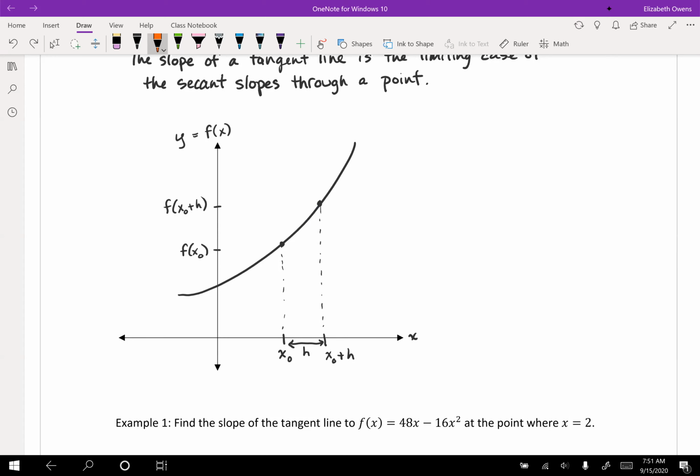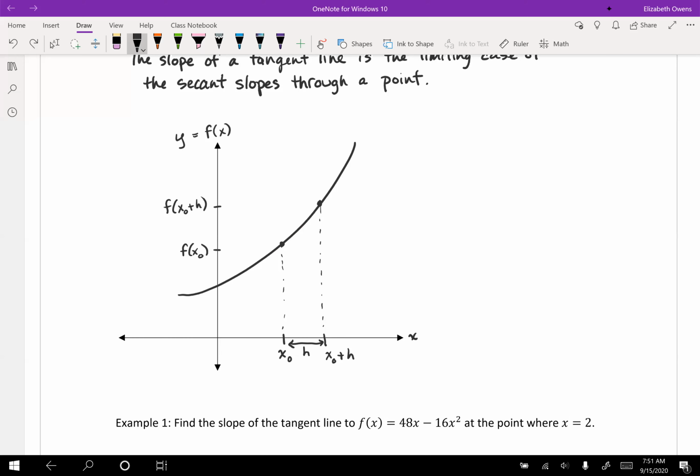Originally we would have had a secant through those 2 points. But then as x naught plus h approaches x naught, that secant will get on 2 points that are closer and closer together until we hit the limiting case of closeness, the 2 points being right on top of each other, right at x naught, and then we have a tangent line there. So that's what we are refreshing here.